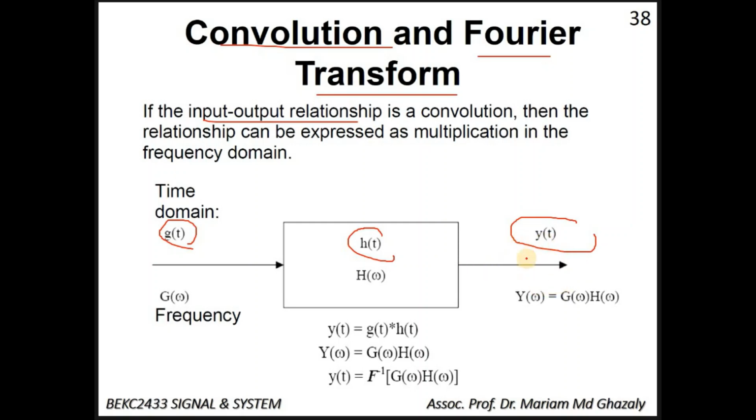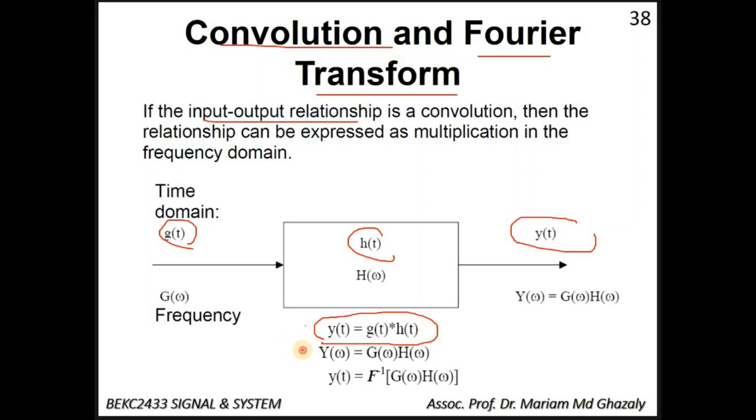In order to get the relationship between input and output, you find the equation. In convolution, you can do the multiplication by using the convolution integral for the continuous time signal. So y(t) is equivalent to g(t), the input, star h(t); star means that convolution happens here.